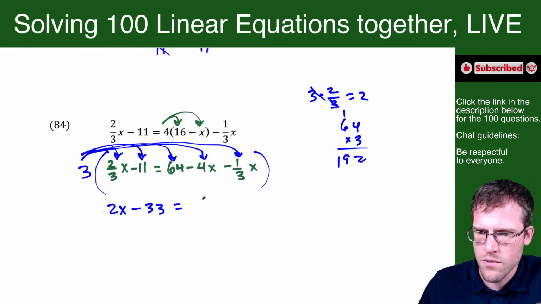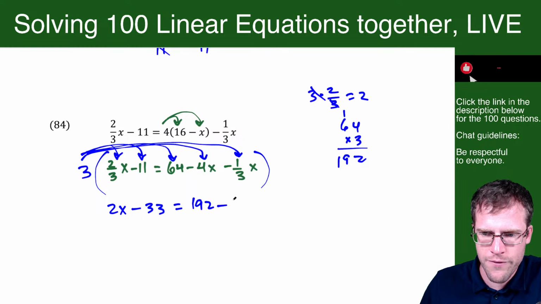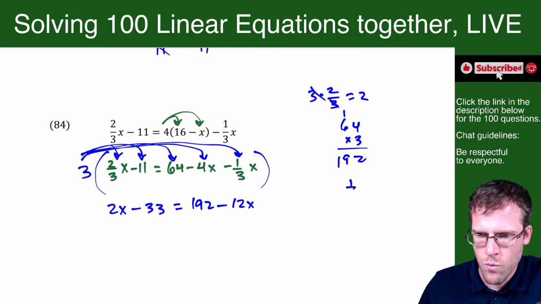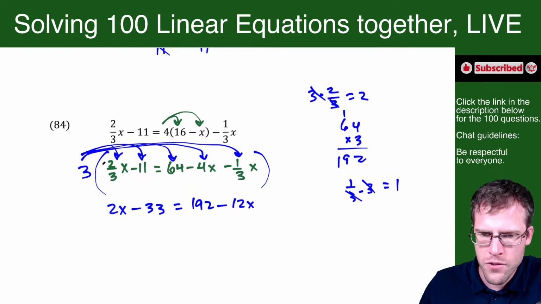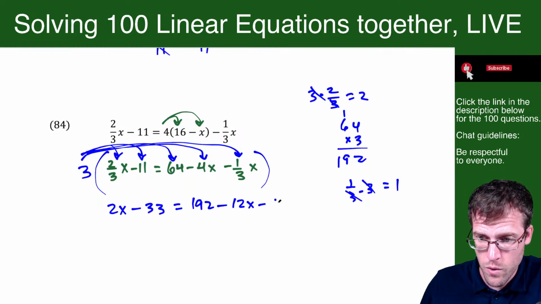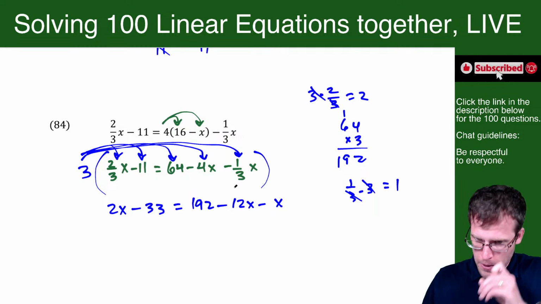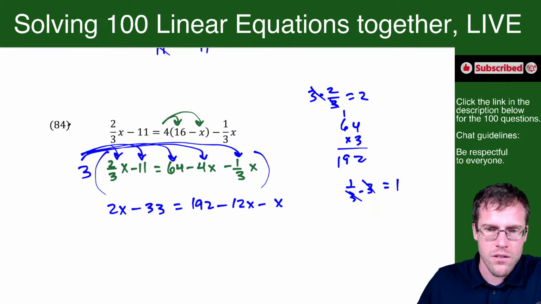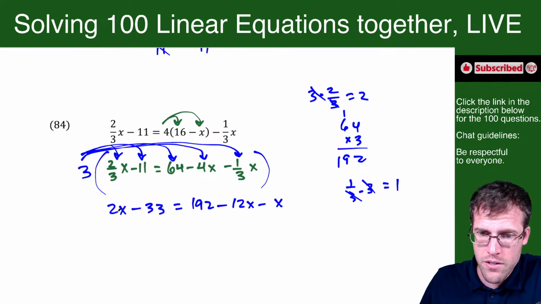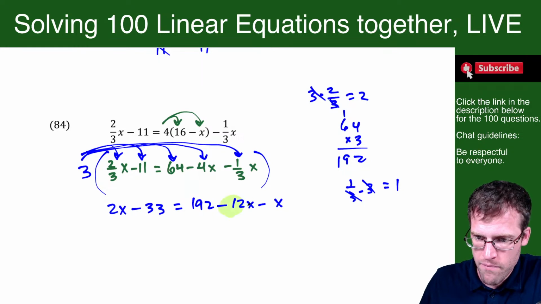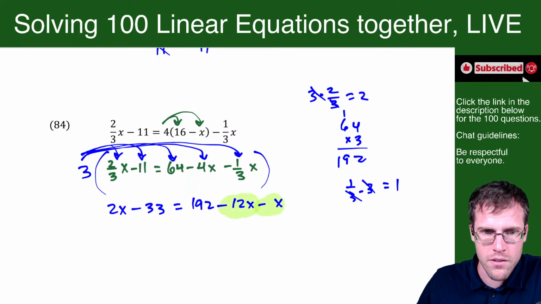Yes, 192. Maybe this wasn't the best way to do it, but whatever. We're committed now. 3 times minus 4x is minus 12x. And then 1/3 times 3 is 1, so 3 times negative 1/3 would be minus 1x. So I did this so that we get rid of the fractions, because I think most people have a fear of fractions.